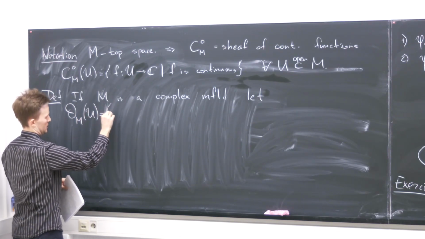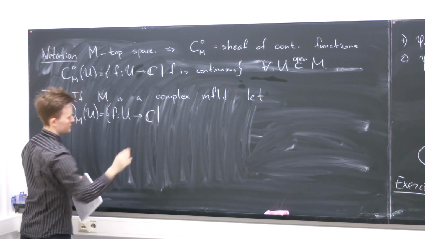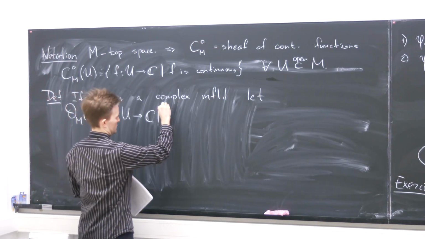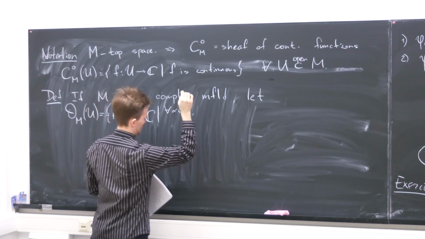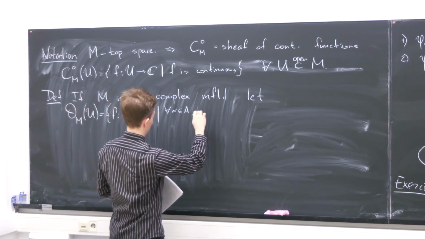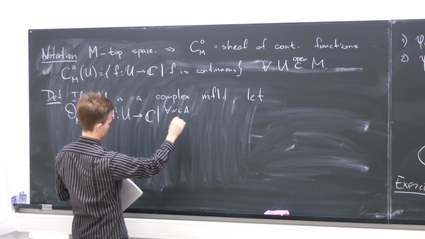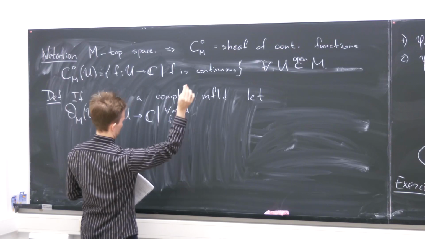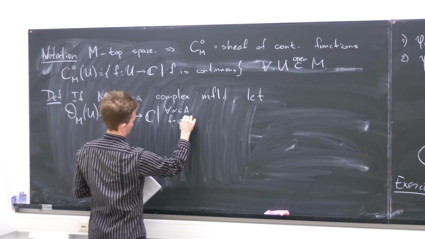So this will be the collection of all functions that satisfy the following condition, that they are holomorphic in every coordinate chart. So for any alpha in the index set, the function which is the composition of f and phi alpha inverse, right?